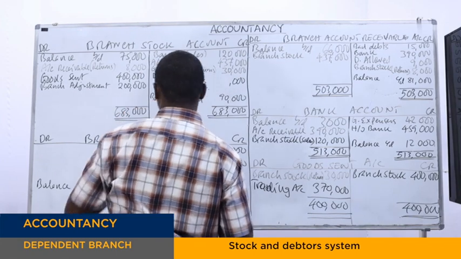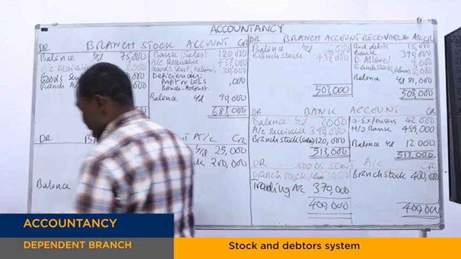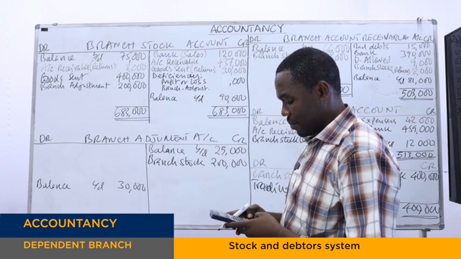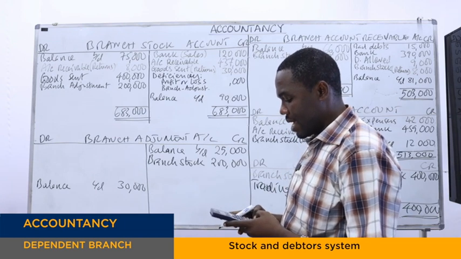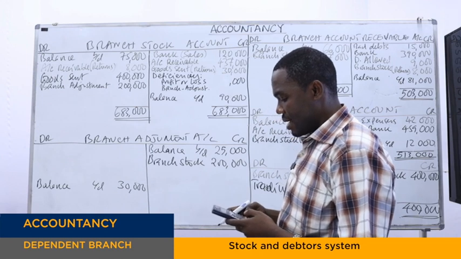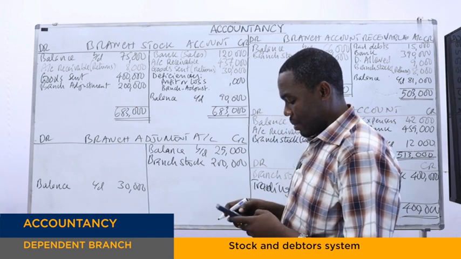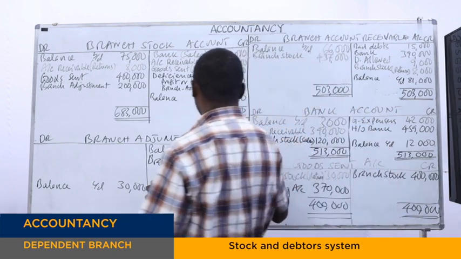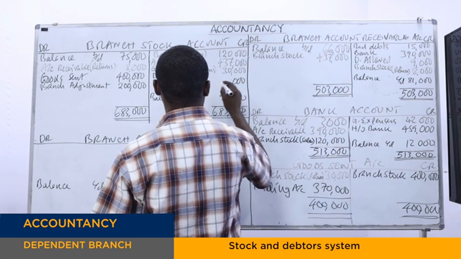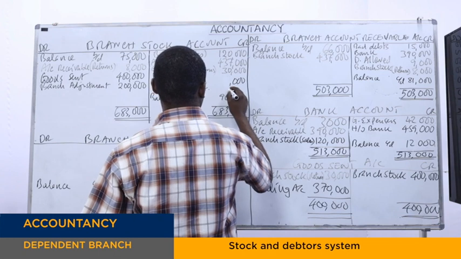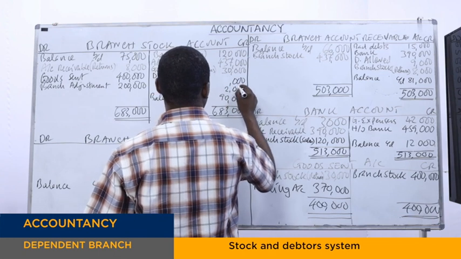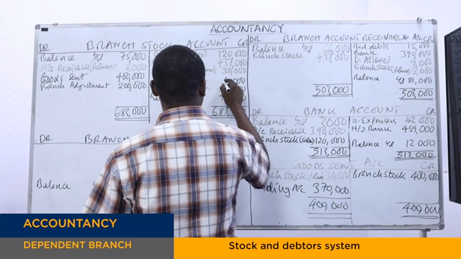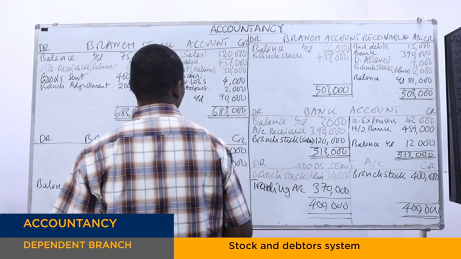Let us apportion it. If the margin was 1/3 times 6,000, we get the profit loading of 2, so this will be 2,000. And of course, if it was 6,000, this will be 4,000 to P&L.